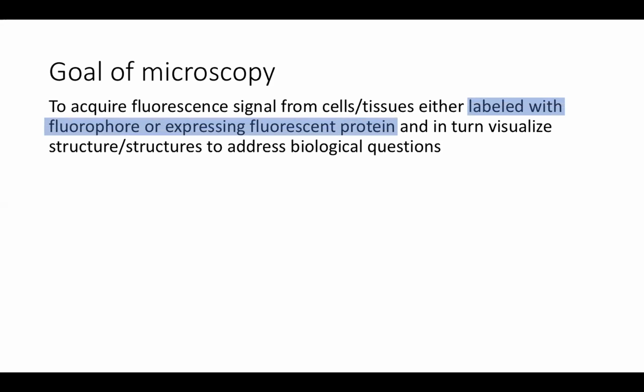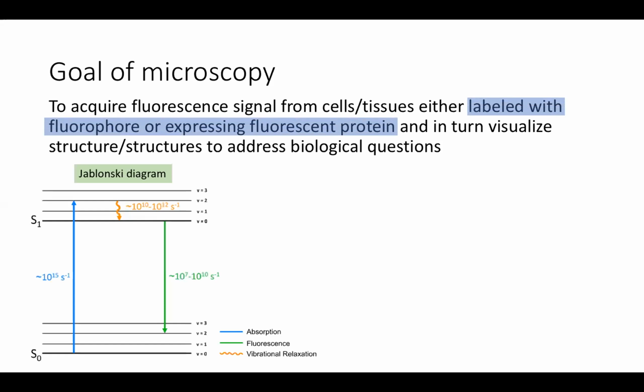So the key over here is your tissues are labeled with a fluorophore or it's expressing any kind of fluorescent protein. So how do these fluorophores or fluorescent proteins work? That's represented nicely in this Jablonski diagram, in which the fluorophore, which is at the ground state, gets excited and goes all the way up to the excited state.